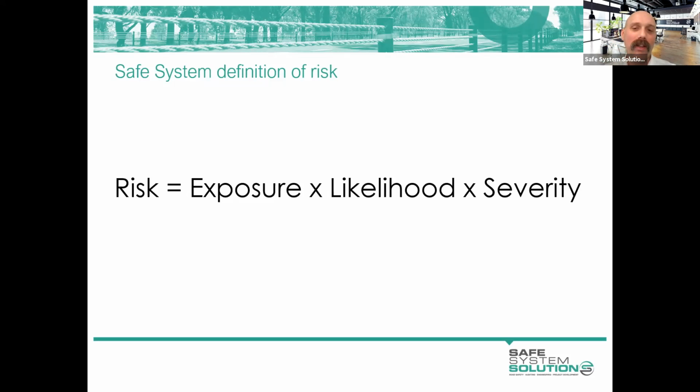So while we align definitely with exposure, likelihood, and severity in those two documents, the assessment framework and Part 6 of the Guide to Road Design, there are slight variances on especially what is deemed exposure. So just be aware of that if you are working with both those documents.